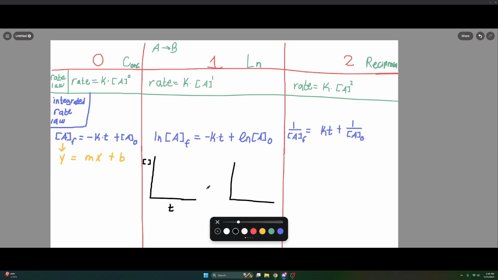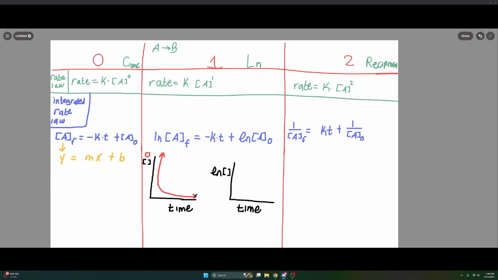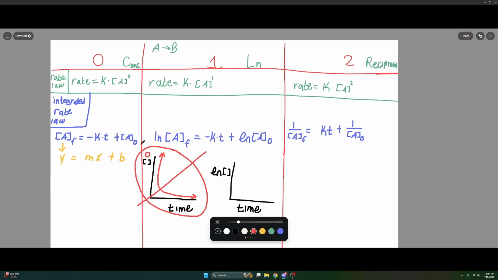Well, what happens if I graph the wrong order? If I were to assume that A was first order, and I tried to graph it on concentration, which is for zero order, and force that to happen, you're going to see a really goofy graph. And that is not linear.